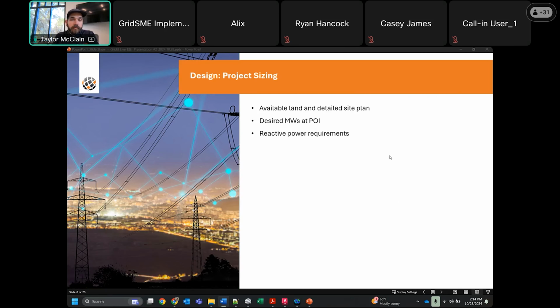So we're going to talk a little bit about project sizing. You have a couple of different factors. These are the high level factors that are going to bound your ability to go to a certain size. So your available land and a detailed site plan. As we mentioned this morning, it's definitely a good idea at this point, if you have the resources or the ability, to go ahead and prepare a somewhat detailed site plan ahead of time.